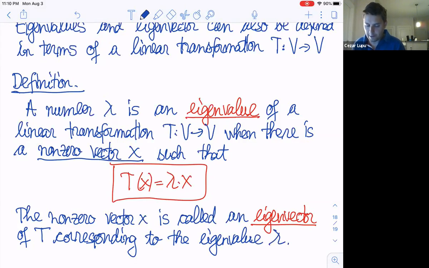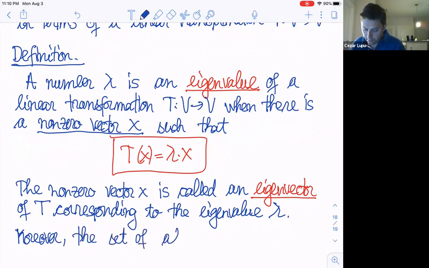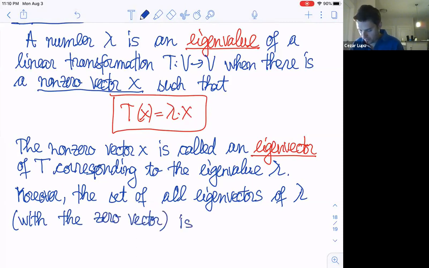Okay. Moreover, the set of all eigenvectors of lambda, with the zero vector included, this is important, is nothing other than just the eigenspace of lambda.